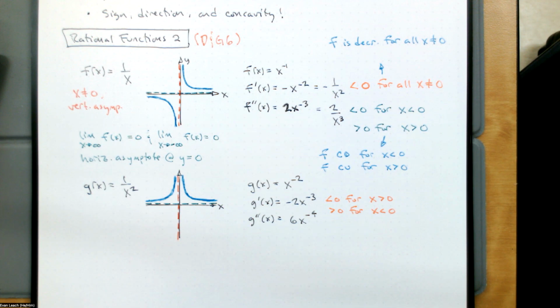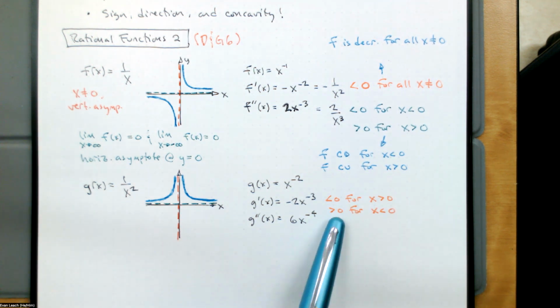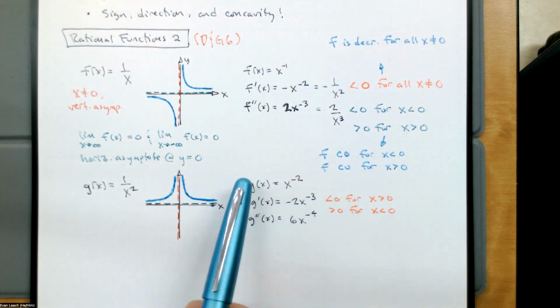That tells us about the direction of the function. And that's what we see. The derivative is negative for positive x and positive for negative x. That's a terrible sentence. The sign of the first derivative tells you about the direction of the function.